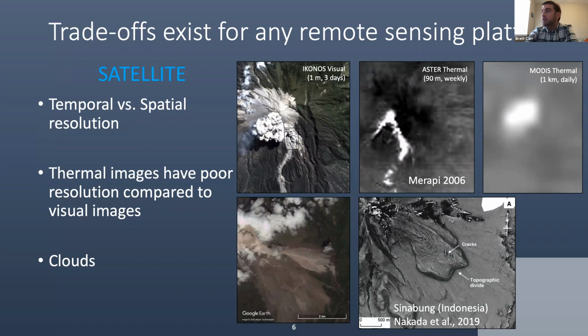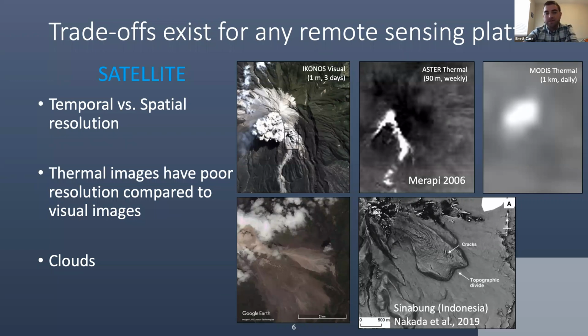For visual images, this is becoming less true. With the number of visual satellites that are orbiting Earth right now, including CubeSats and different platforms, we're almost to the point where you can get meter-scale or sub-meter-scale imagery almost any day.